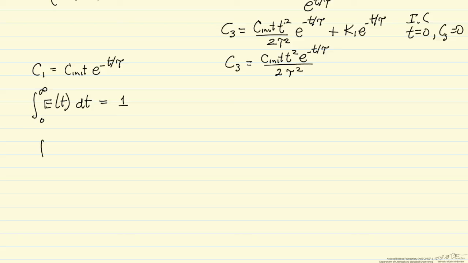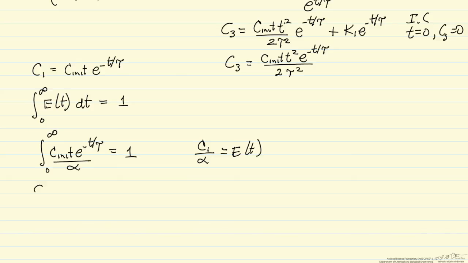So that means the integral of C1, which is this initial concentration, if we want to normalize this and make it equal to 1, we would essentially say C1 divided by some constant alpha is going to equal 1. And then what we're saying is C1 over alpha is our residence time distribution.